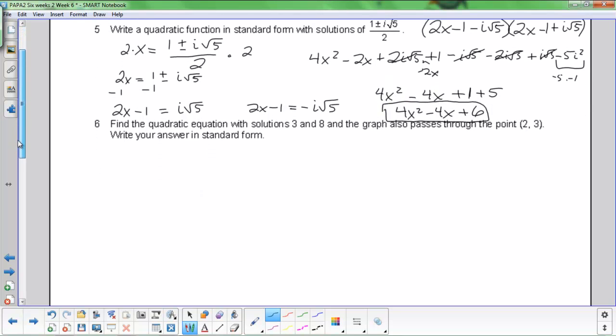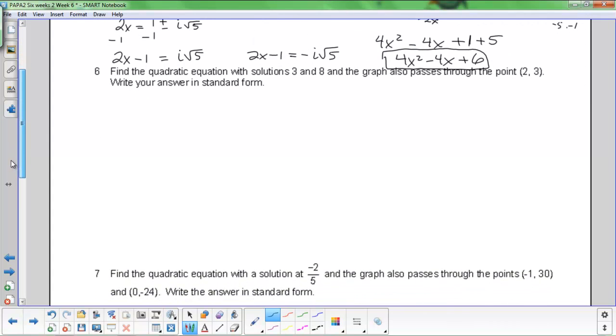The last three questions look at the problem from a slightly different point of view, and to solve them we're going to use a process inside the calculator that you are familiar with. We know that we're looking for an answer in standard form: y equals ax squared plus bx plus c.